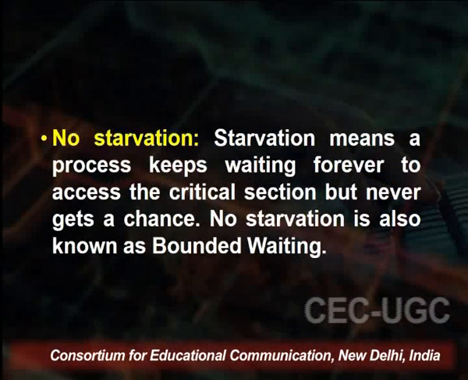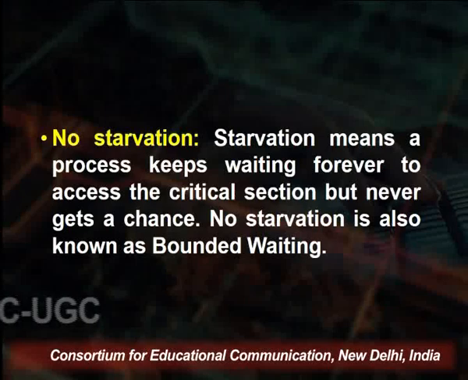The first requirement was mutual exclusion, then progress, and the third requirement is no starvation. Starvation here means keeping a process waiting forever to access the critical section, and that process is not going to get a chance. That is the situation of starvation.